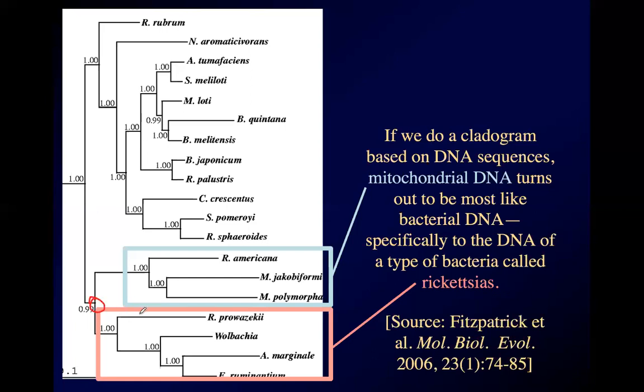Mitochondrial DNA turns out to be most like the DNA of a type of bacteria called rickettsias. Rickettsias can cause certain diseases like typhus or something called Rocky Mountain spotted fever, which you can get from tick bites. Not Lyme disease, that's something else.